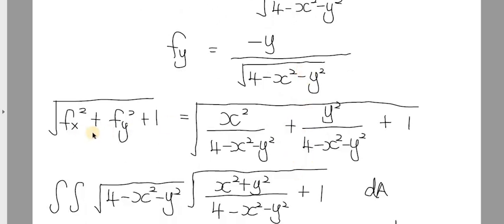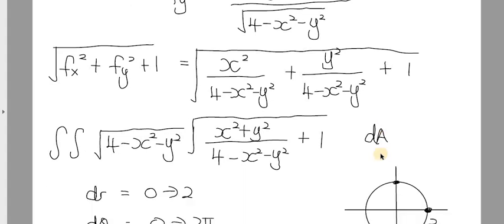So I put my fx square and also fy square into here. I can simplify them because they are the same, so I can add both of them together. And this is actually from the question, because it is z, right?